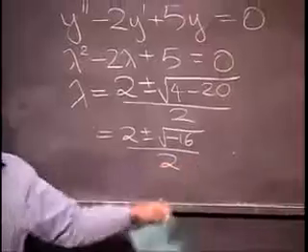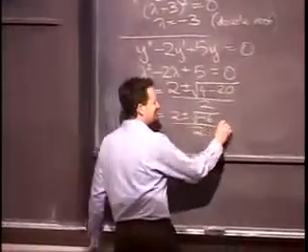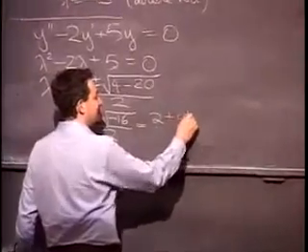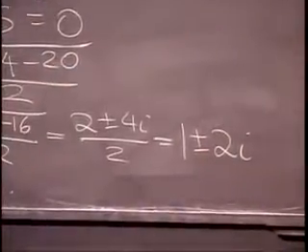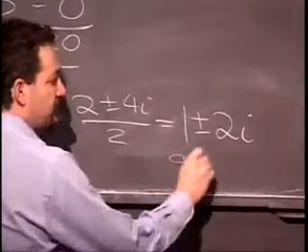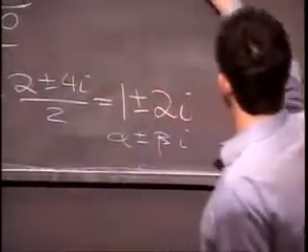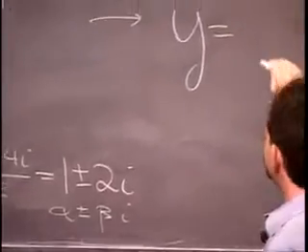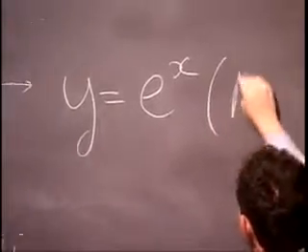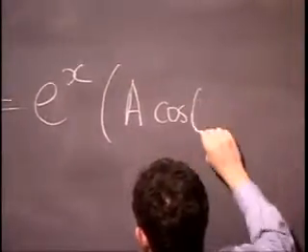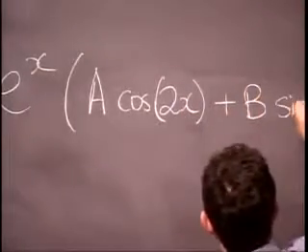Okay, so the square root of minus 16 is 4i, or minus 4i. We've already got those covered. So this is 2 plus or minus 4i over 2, which is 1 plus or minus 2i. According to the spec, this is like alpha plus or minus beta i, and we can write down the solution as y equals e to the alpha x, where alpha is just 1, times a cosine of beta x, where beta is 2, plus b sine of 2x.